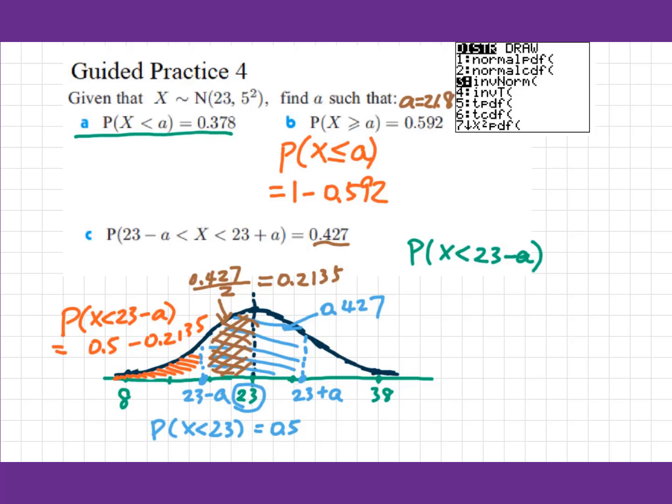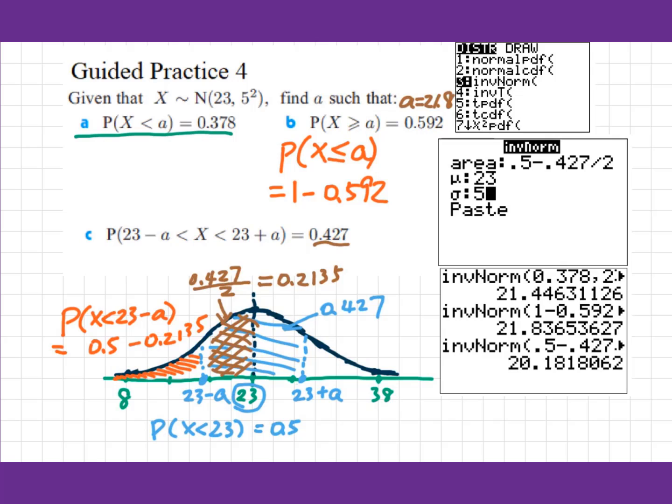Then you subtract the probability between 23 minus A and 23, then you will get the probability x less than 23 minus A. After you put it into a calculator, you will get 20.18.